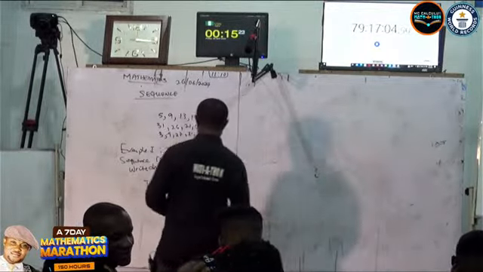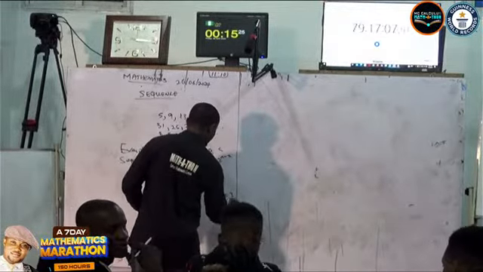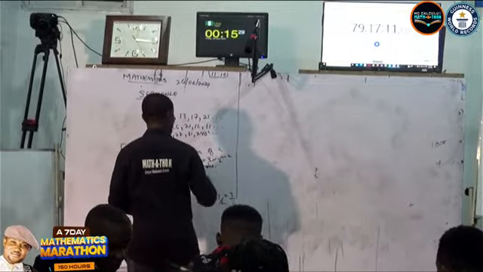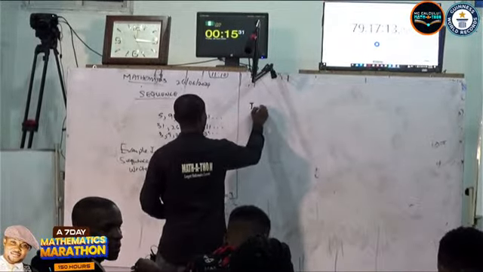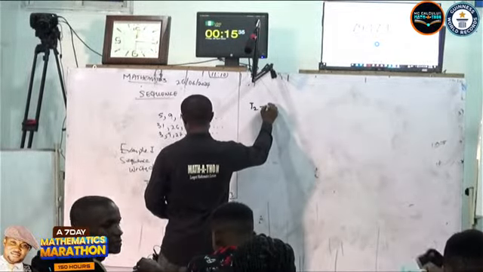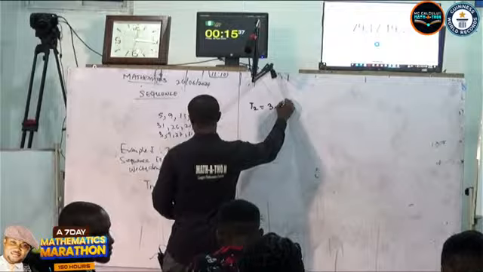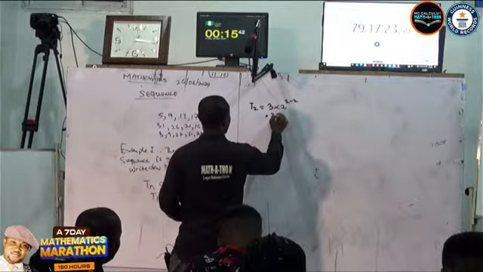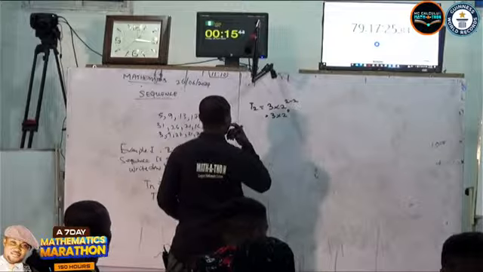Just put that value there. T1 is this. T2 is 3 times 2 to the power of 2 minus 2, which is what? 3 times 2 to the power of 0?